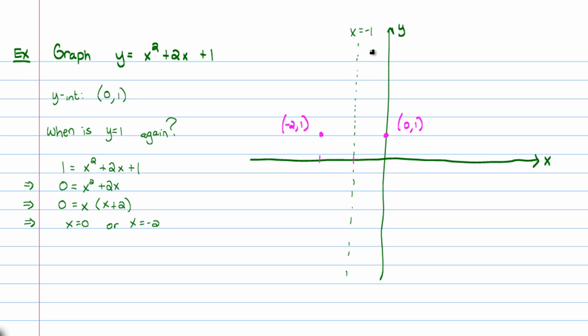And now all I need to do is plug this into the original equation to find out what the y value for that vertex is. So let's see, we have 1 minus 2 plus 1, which is going to be 0. I'll plot that in there. So it tells me that when x is negative 1, y is 0, so it's right here.